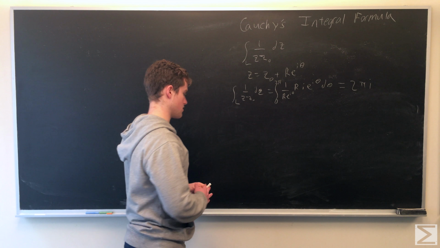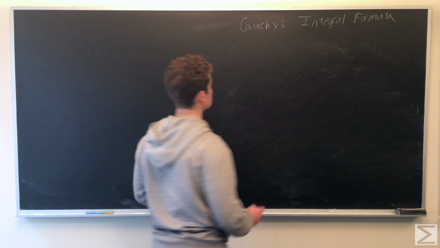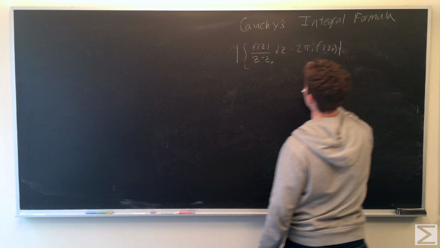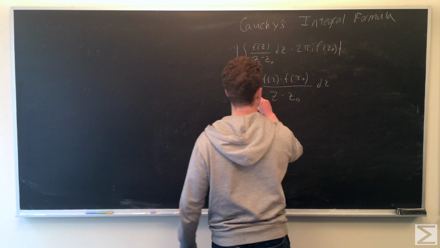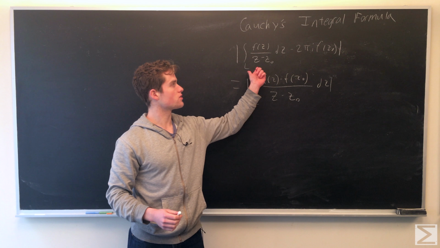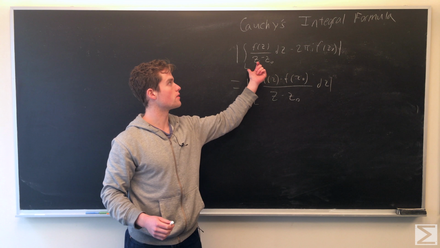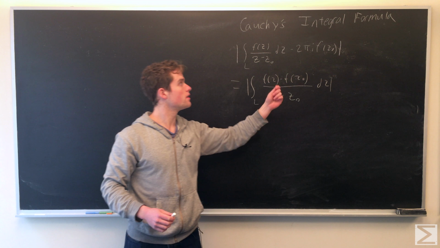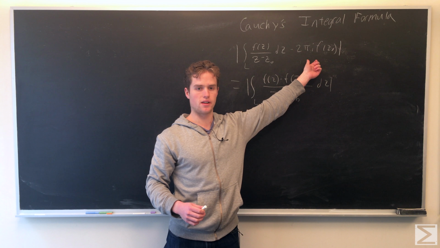So now we're going to consider the magnitude of this difference: the integral of f of z over z minus z naught dz, minus 2 pi i f of z naught. Now we established 2 pi i is in fact just the integral of 1 over z minus z naught over some circle.